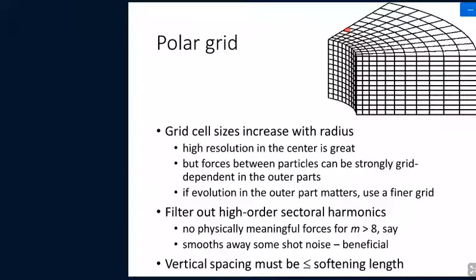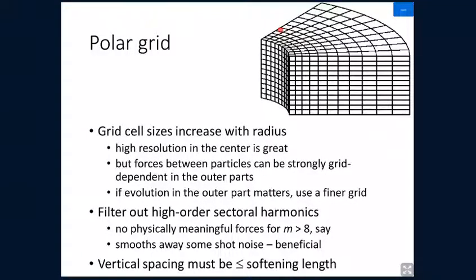But when you get to density variations in azimuth of m equals 10 or 12, then you're really not interested any longer in those real density variations.